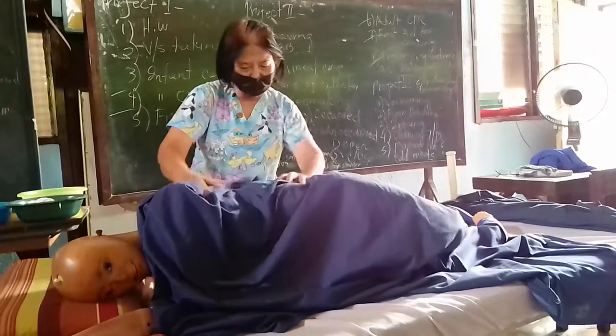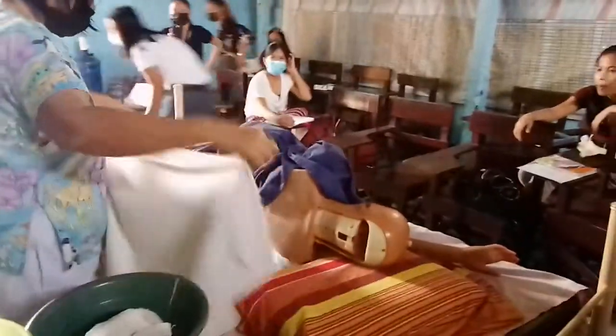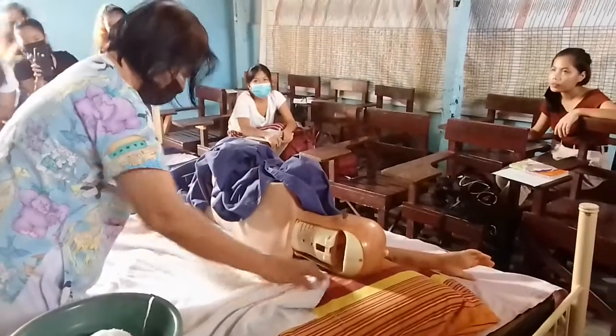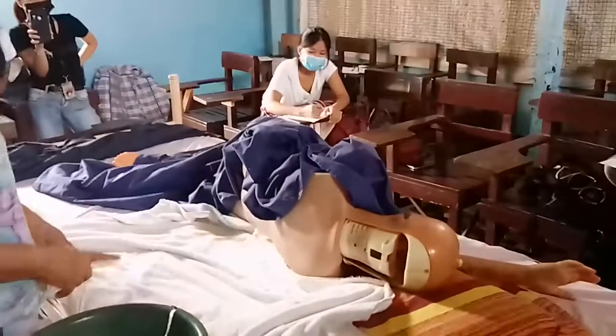Okay, and then you pad towel at the patient's back, from back to buttocks, extending from the nuchal area up to the buttocks. Nuchal area or back of the neck. N-U-C-H-A-L. Nuchal.